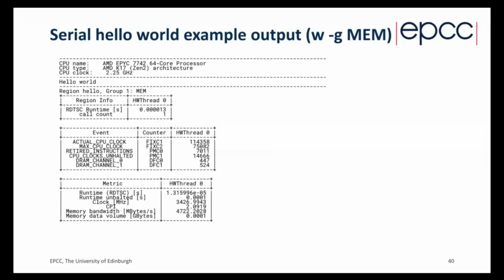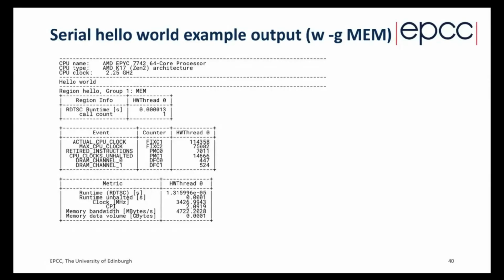So this is simple output of a serial hello world application. It only calls the printf function, but to give you a flavor of what output you might get. Here we use the MEM group of events. So we get, as expected, not much data, but just to visually show you.